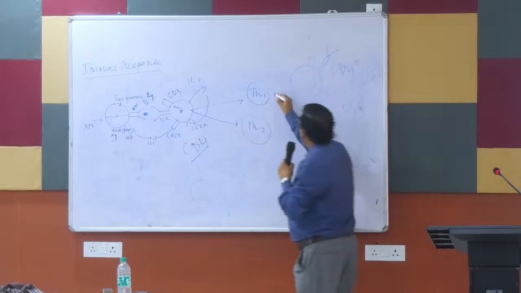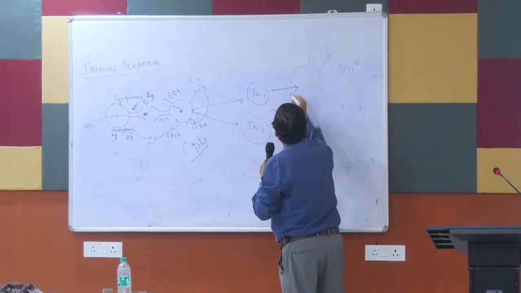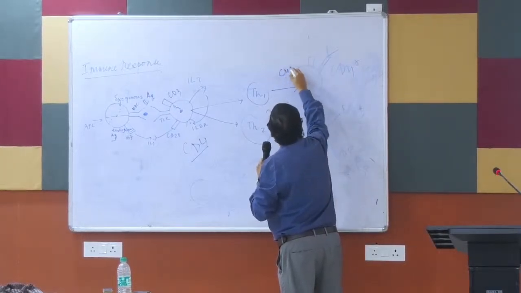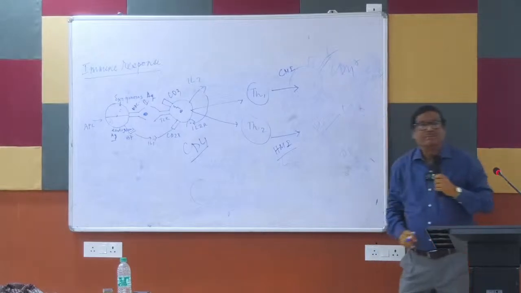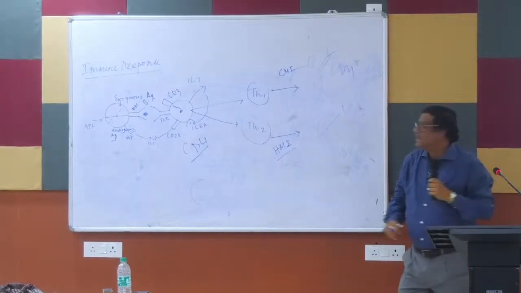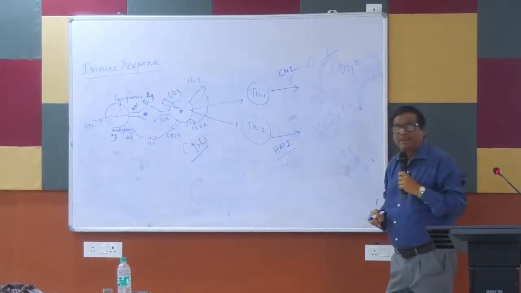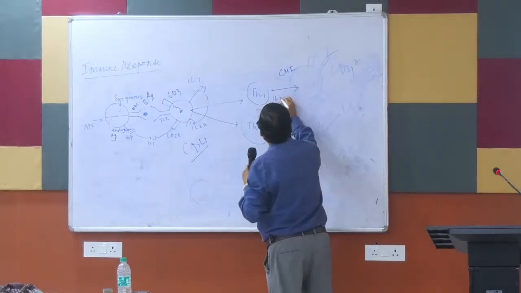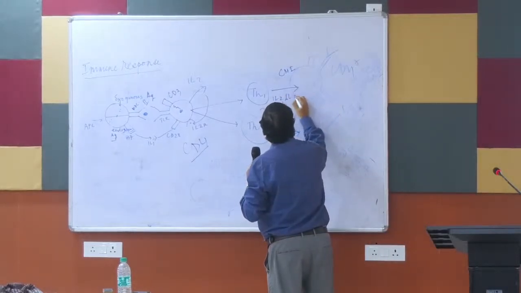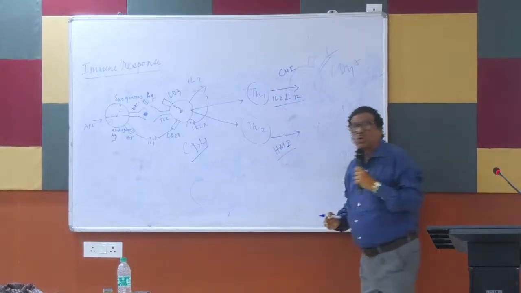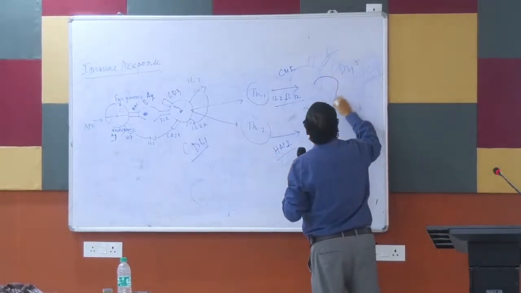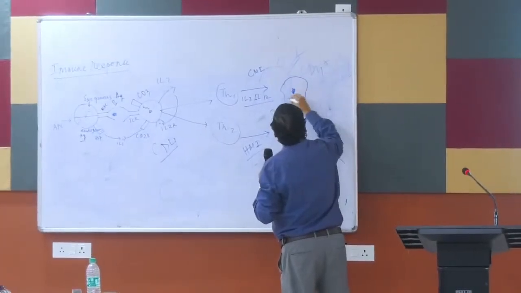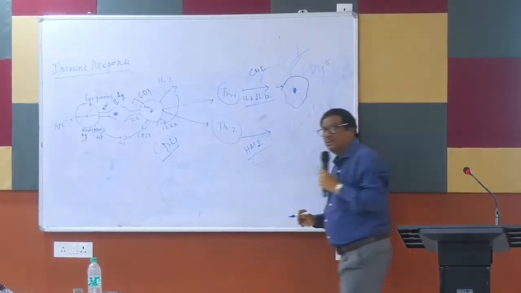The Th1 is mostly with the cell mediated immunity and Th2 with the HMI. In Th1, interleukin 2 and interleukin 12 play the major role, and the macrophage cell is stimulated.